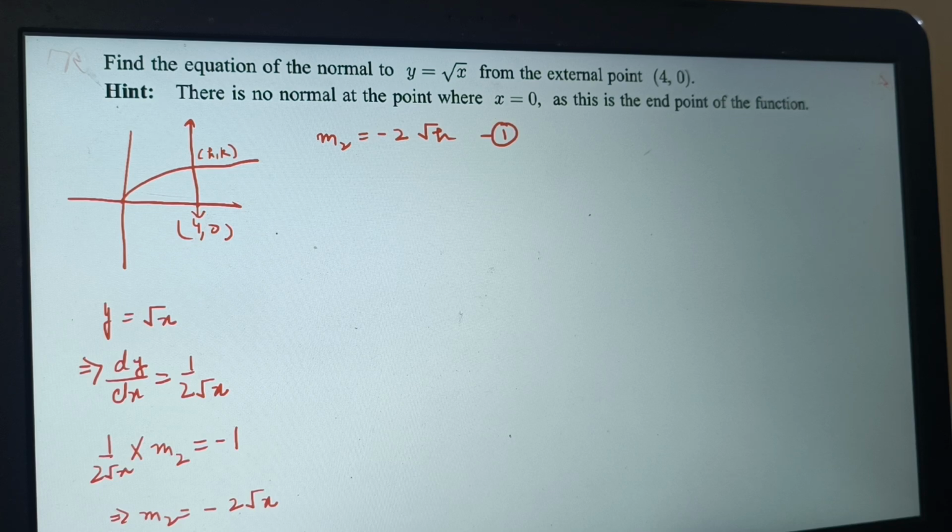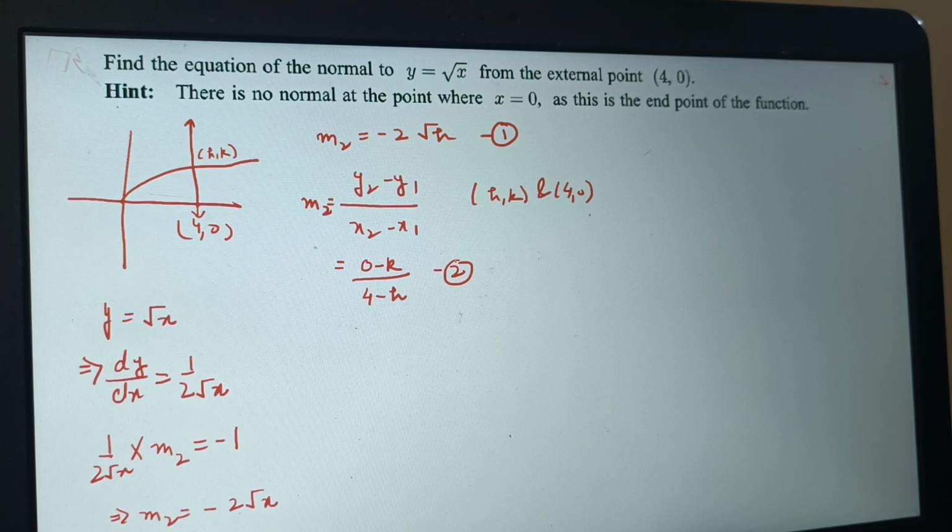Now another way of finding the slope of this normal is using y2 minus y1 over x2 minus x1. That also gives me the slope. I will be considering the points h comma k and 4 comma 0. So my slope will come out to be 0 minus k over 4 minus h. This is equation 2.